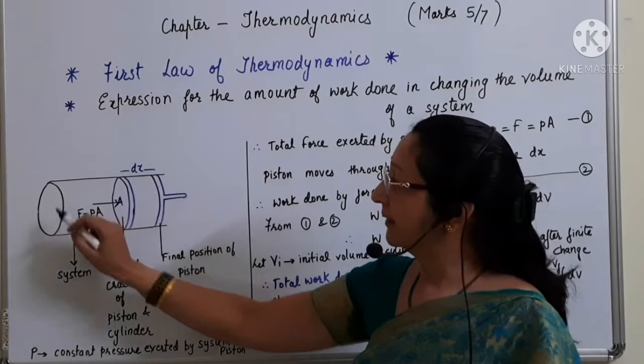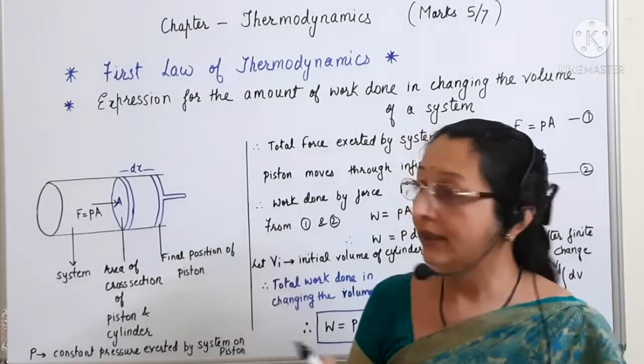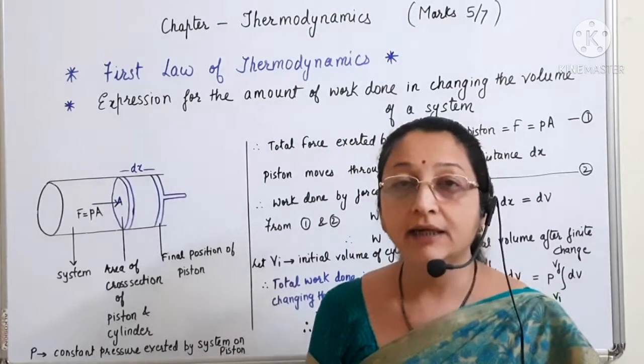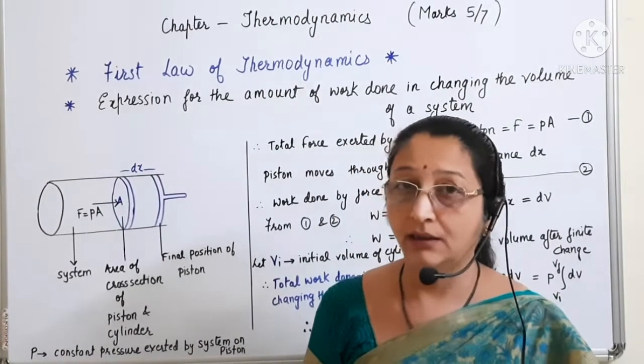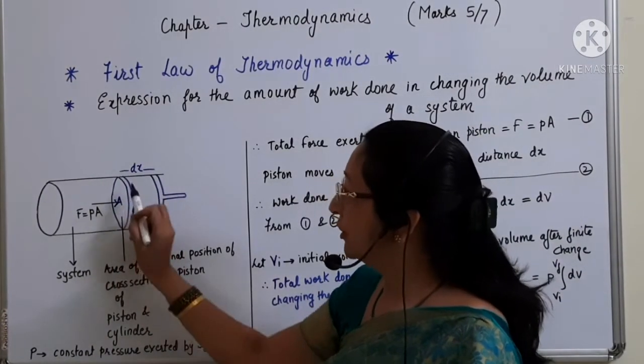Now, this is a system. This is a cylinder and gas is taken inside the cylinder. The cylinder is fitted with a piston. So this is the piston, and this is the initial position of the piston.